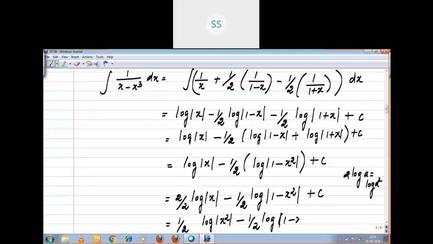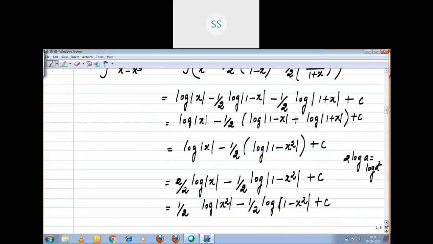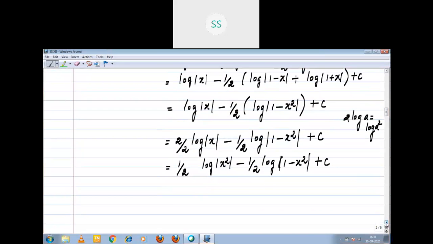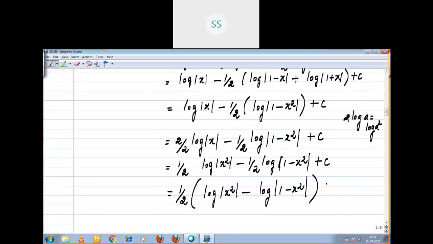Now you see 2 will move to the power. 2 log a equal to log a square. That is a property. So 1 by 2 into log of mod x square minus 1 by 2 into log of modulus 1 minus x square plus c.